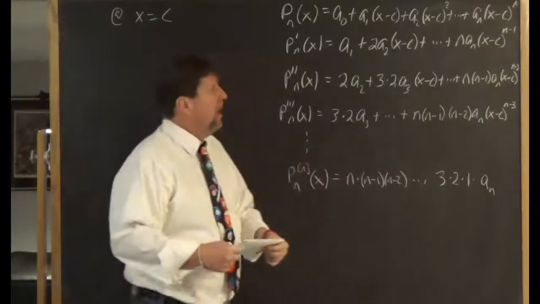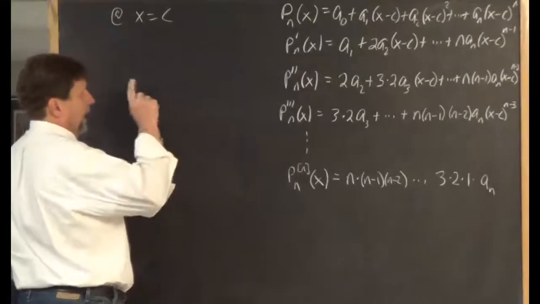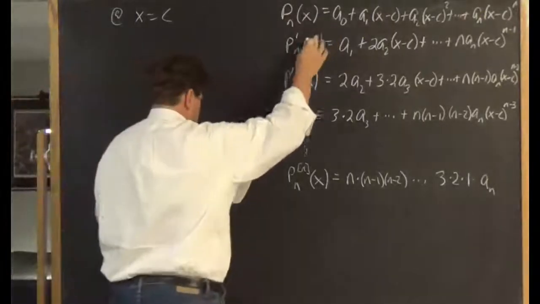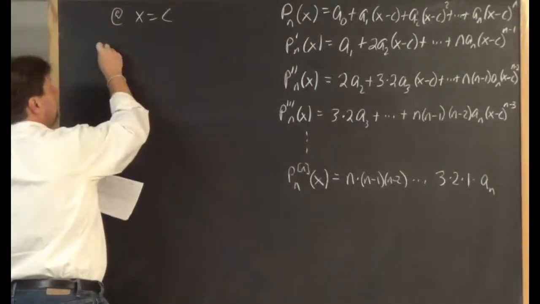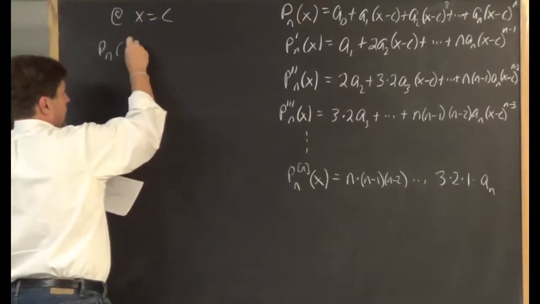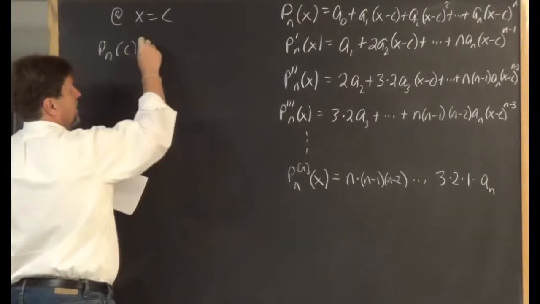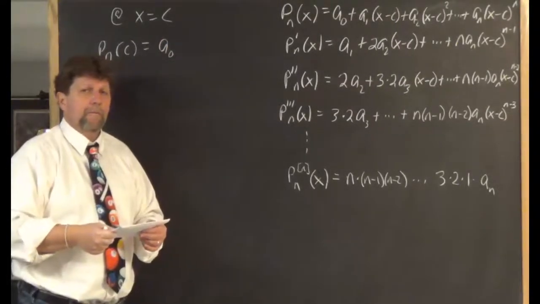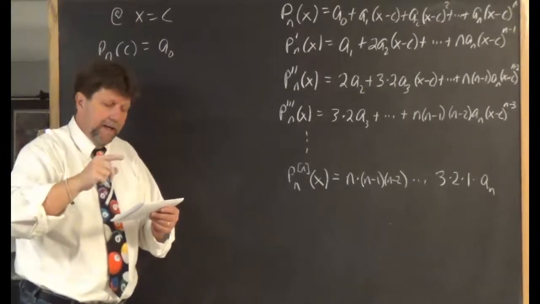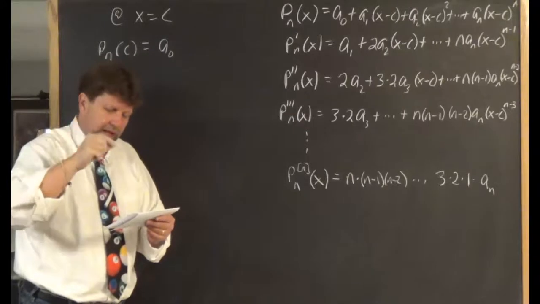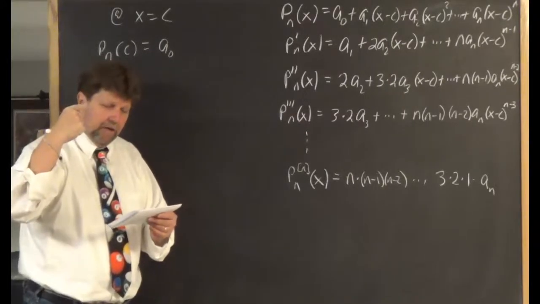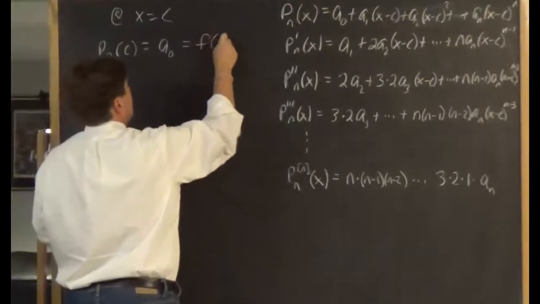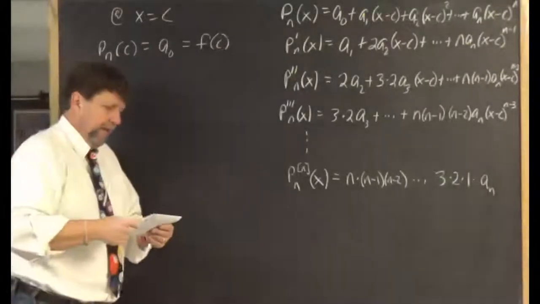So everything is gone except a sub 0. We're saying that p sub n evaluated at c leaves us with just a sub 0. We want the function to be exactly equal to this polynomial at x equals c. So we want the function evaluated at c to also be a sub 0.